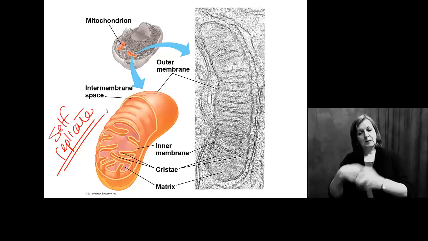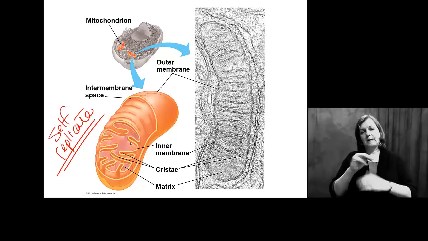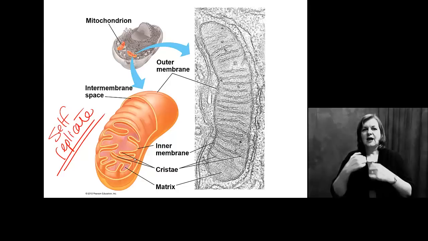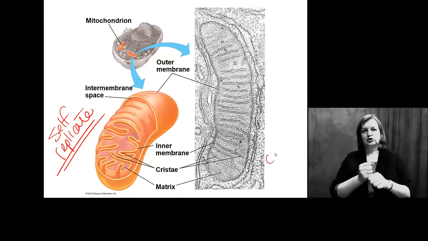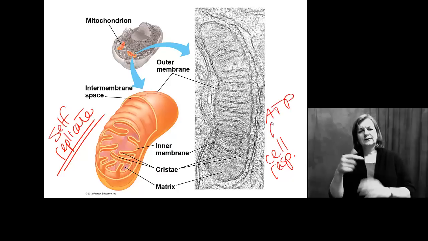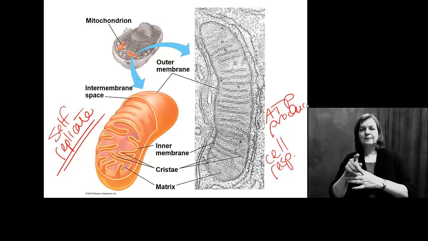The mitochondria are constantly working to replace themselves. So here's that inner membrane I was talking to you about, covered in this outer membrane. We get a lot of surface area. This surface area is extremely important for cell respiration and ATP production. And we'll look at that a lot more later on and show you how and why.